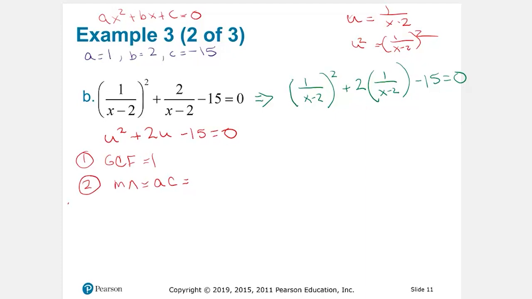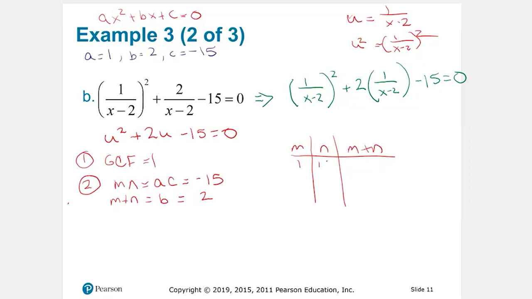Because a equals 1, we can actually do the easier way. So we get a times c is negative 15, and if I add those two numbers together, I get b, and b is equal to 2. If you don't know what those numbers are, that's okay, make a table. If you know what they are, you don't have to make the table.